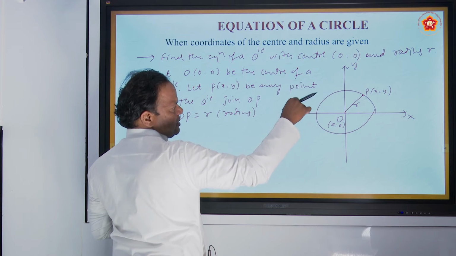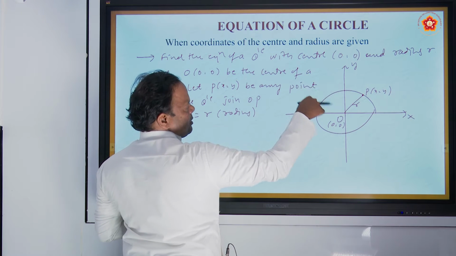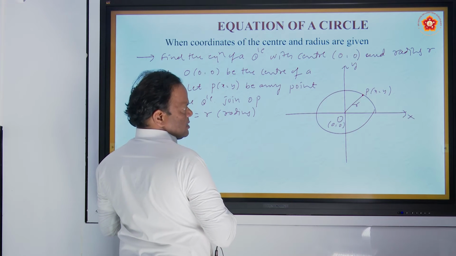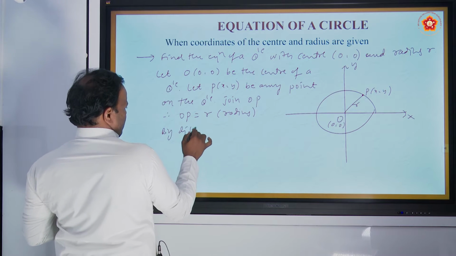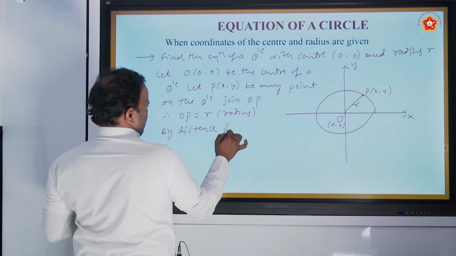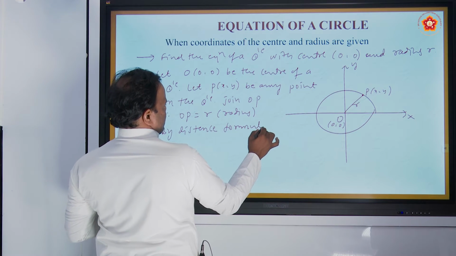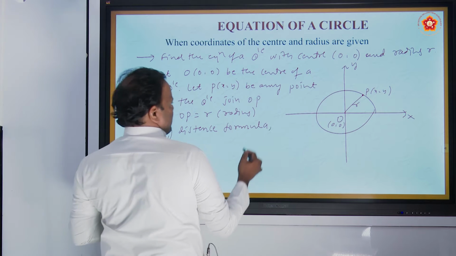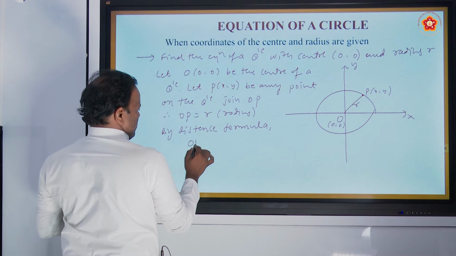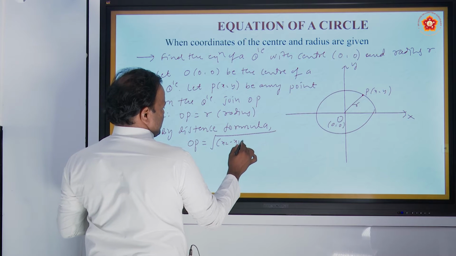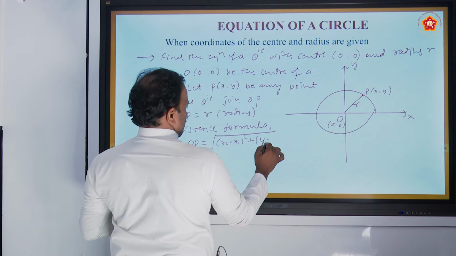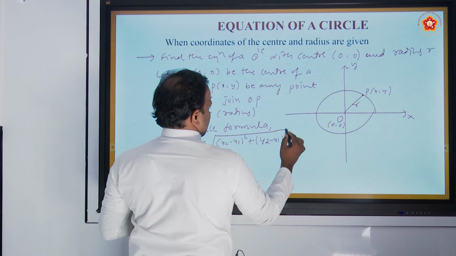You know radius is nothing but the distance from any point on the circle to the center of the circle. By distance formula, OP is equal to root of x2 minus x1 whole square plus y2 minus y1 whole square.